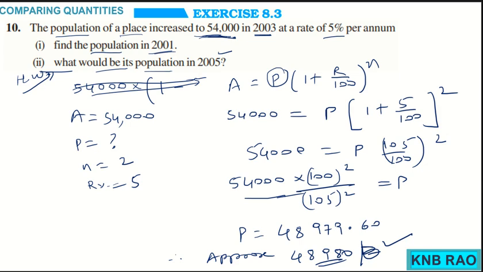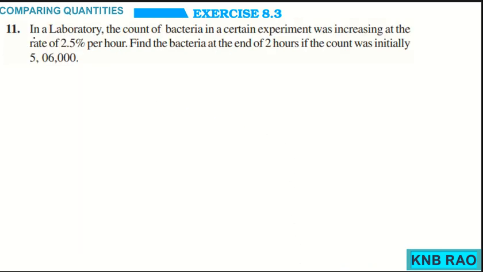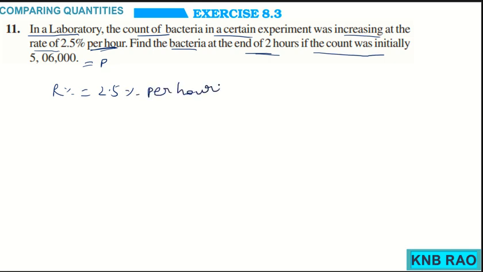Now, coming to question number 11. In a laboratory, the count of bacteria in a certain experiment was increasing at the rate of 2.5% per hour. Find the bacteria at the end of 2 hours if the count was initially 5,06,000. So, this is the principal, the rate of interest is 2.5% per hour, and they gave the end of 2 hours, that means n equals 2.